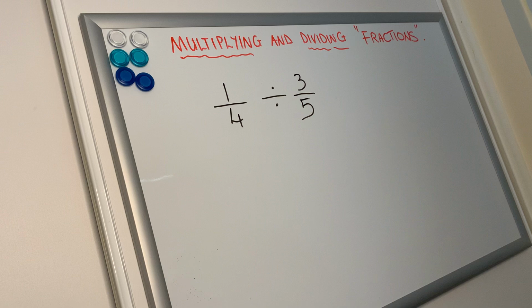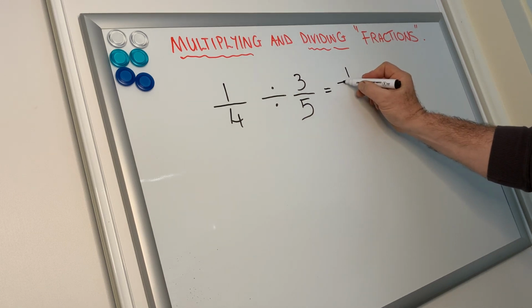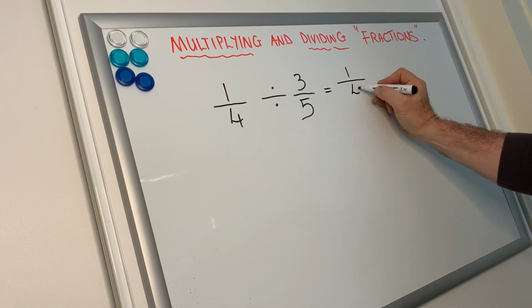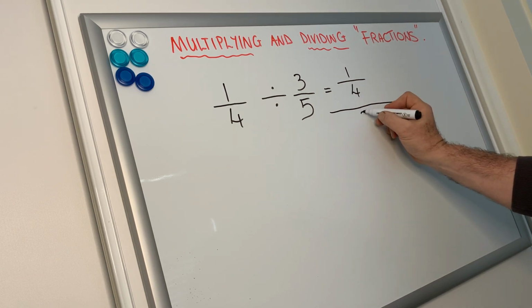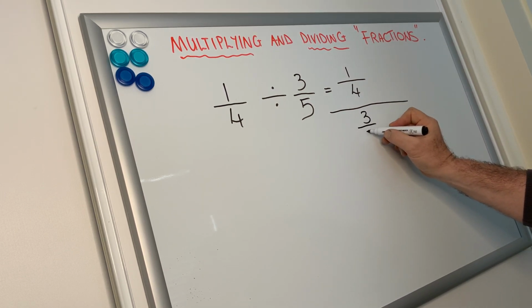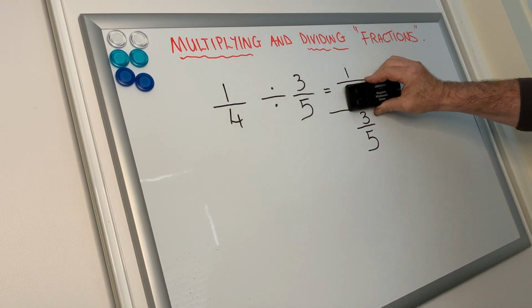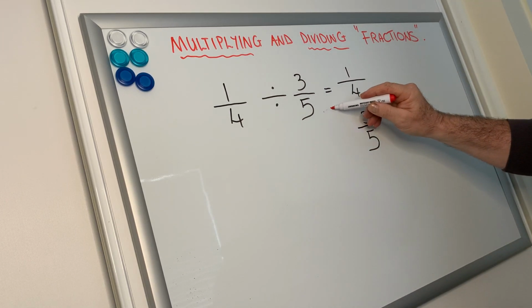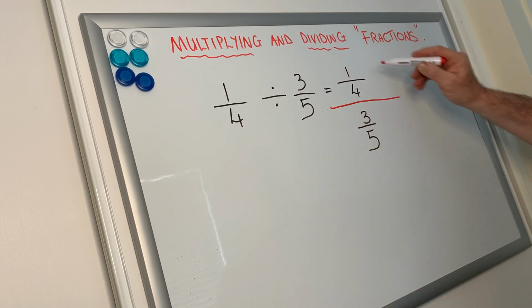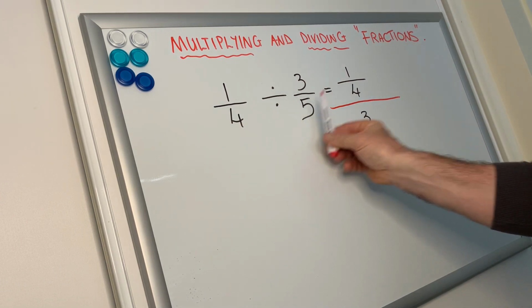Let's go through this. 1 over 4 is the same as saying 1 divided by 4, but 1 over 4 divided by 3 over 5. Actually, what I might do is change the fraction bar into a red one, so it's divided. So 1 over 4 divided by 3 over 5.